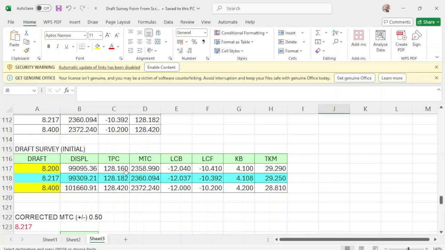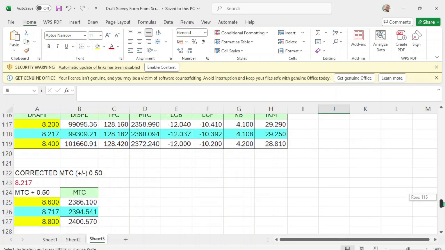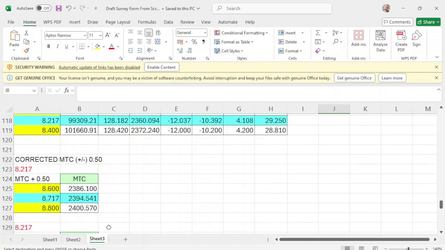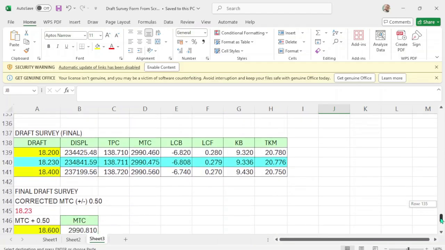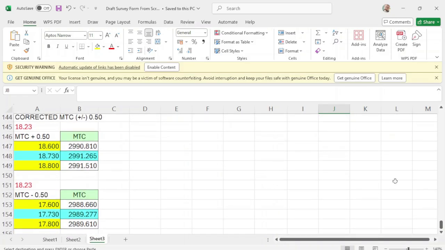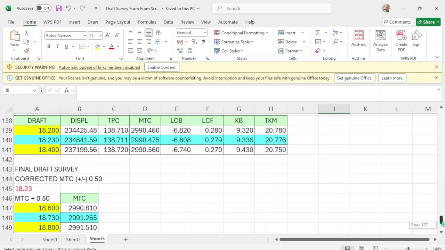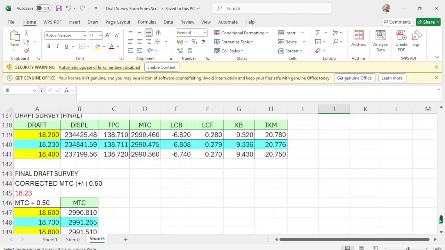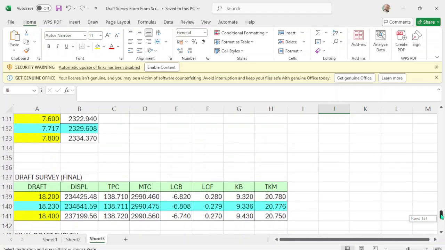This is all interpolated and there's a draft here and it has MTC for plus and minus 50, and you have this draft survey final. You have the draft, all these figures here, and you have your MTC plus or minus. Okay, so this is important that you have these figures or these cells.